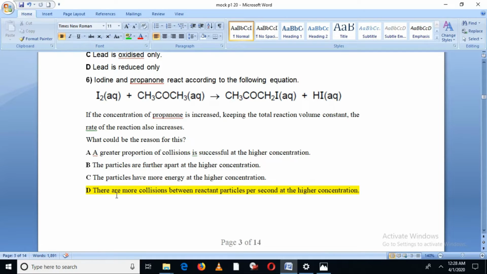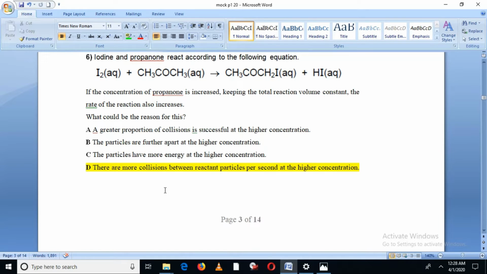The right answer was option D: there are more collisions between reactant particles per second at higher concentration. If we increase the concentration of propanone, the number of propanone particles increases and their collisions increase. So the best option is option D.